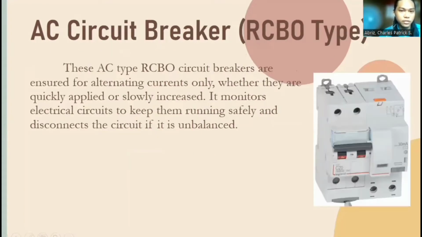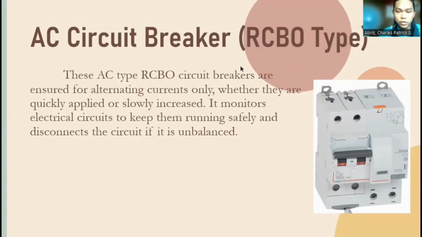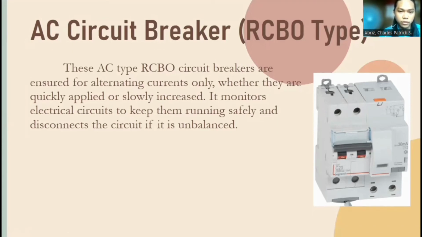Next, we have the AC circuit breaker, RCBO type. RCBO stands for residual current operated circuit breaker with overcurrent protection. These AC type RCBO circuit breakers are ensured for alternating currents only, whether they are quickly applied or slowly increased. It monitors electrical circuits to keep them running safely and disconnects the circuit if it is unbalanced.